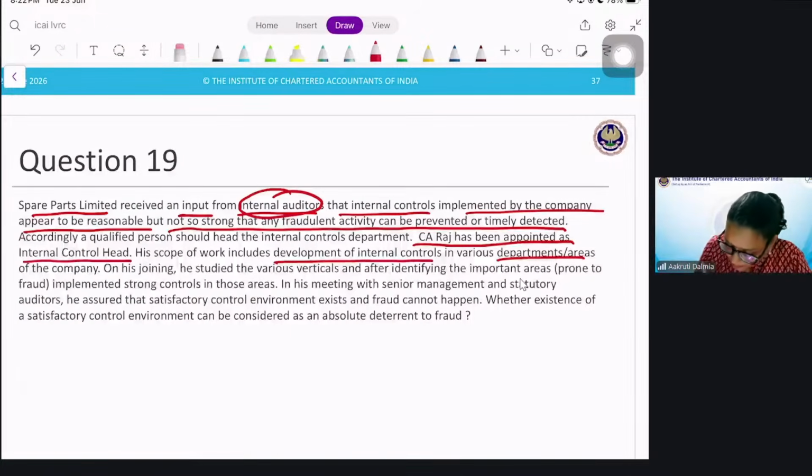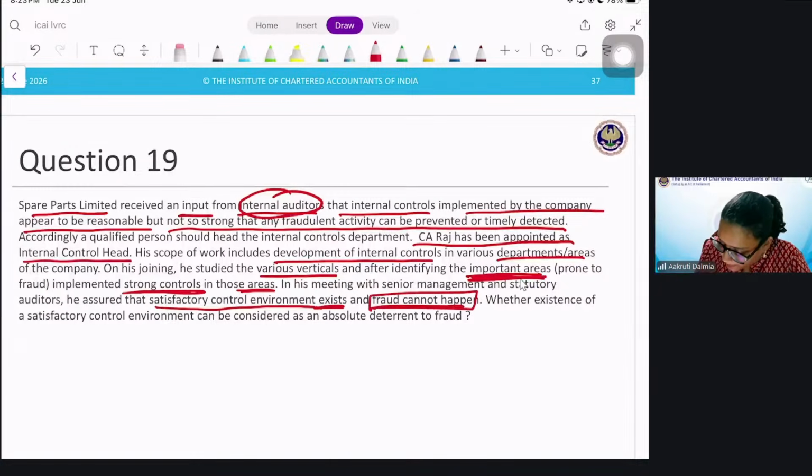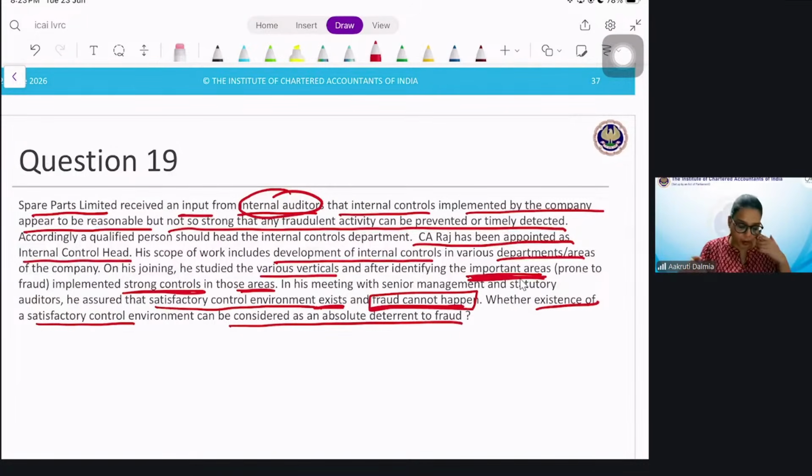On his joining, he studied various verticals, and after identifying the important areas that are prone to fraud, he implemented strong controls in those areas. In his meeting with senior management and statutory auditor, he assured that satisfactory control environment exists and fraud cannot happen. Whether existence of a satisfactory control can be an absolute deterrent for fraud, is it possible?